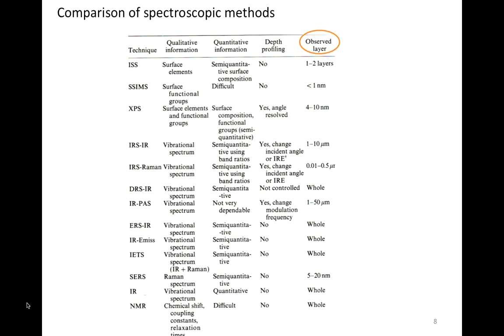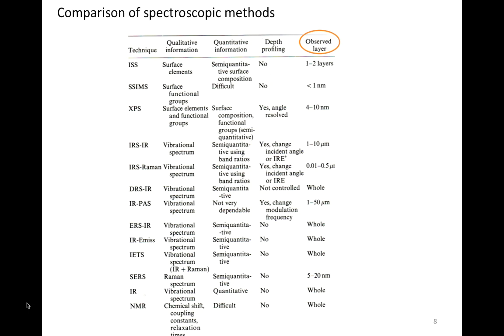It can give you some quantitative information, but it's difficult. It's not possible to do depth profiling. For that, you can use dynamic SIMS, but we will see that later also.